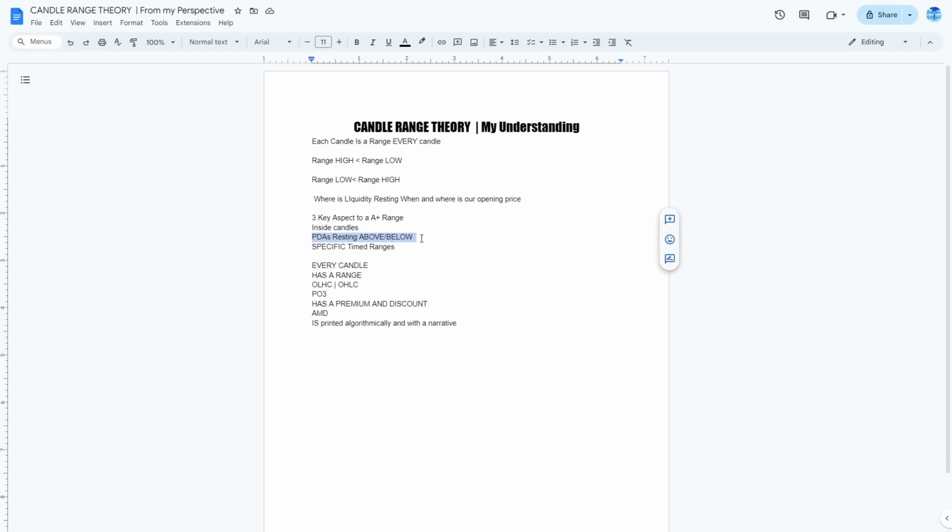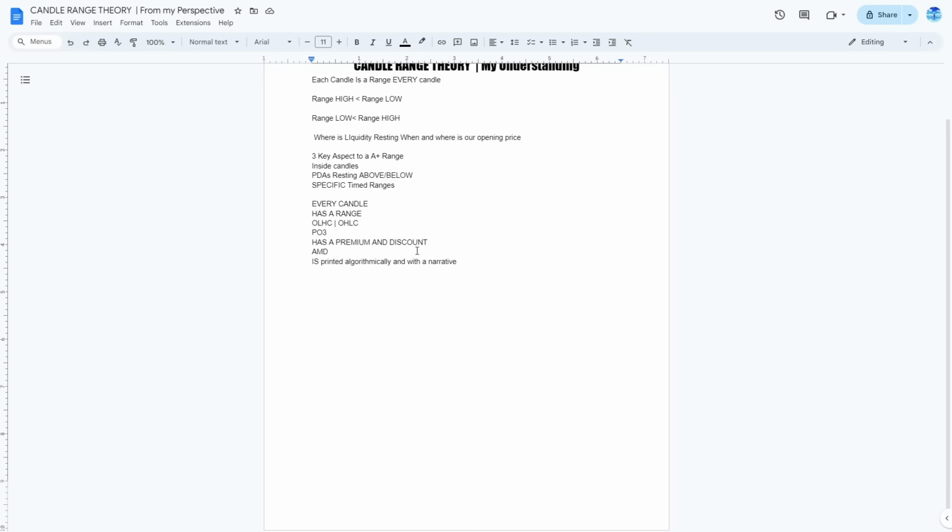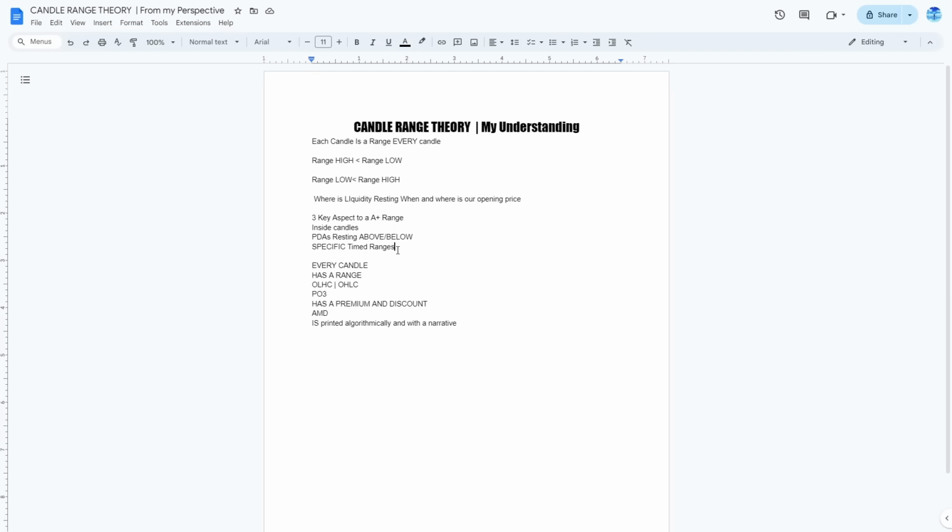We have PDAs resting above or below, as well as whether these ranges are at specific times, whether an Asia range, a daily range, or a 4 hour Monday range where we accumulated the whole Monday, as well as your simple 4 hour candle range, your 1 hour candle range, your daily candle range.